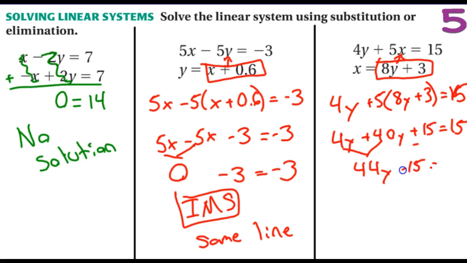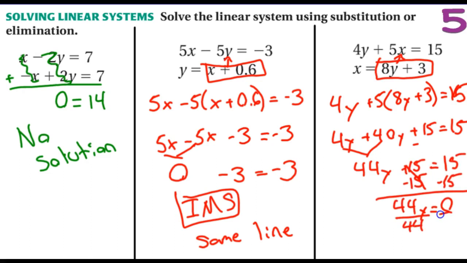Plus 15 equals 15. If we subtract 15, we get 44y equals 0. Divide by 44. I know that y equals 0.